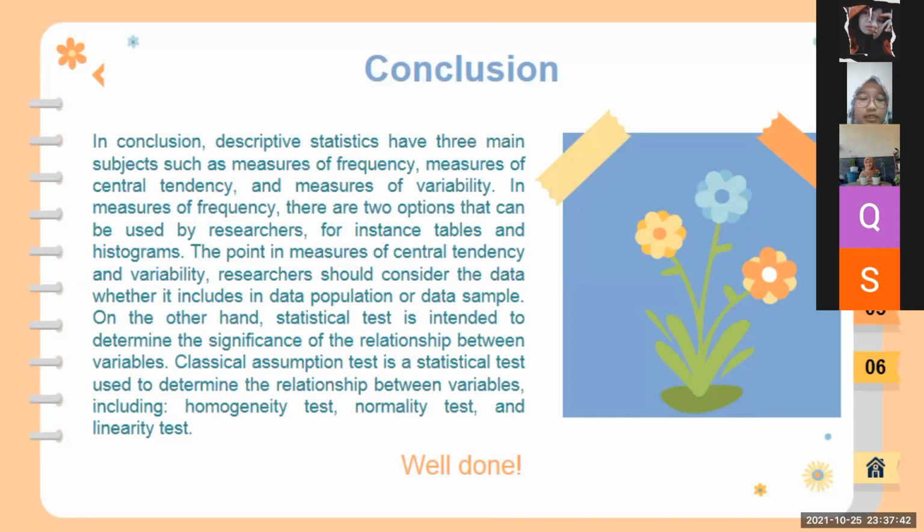In measure of central tendency and variability, researchers should consider whether the data is population data or sample data. On the other hand, a statistical test is intended to determine the significance of the relationship between variables. The classical assumption test is a statistical test used to determine the relationship between variables, including the homogeneity test, normality test, and linearity test.